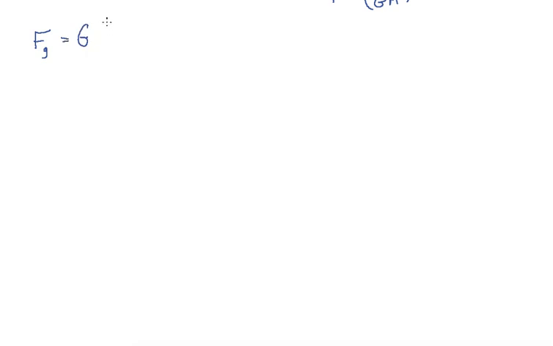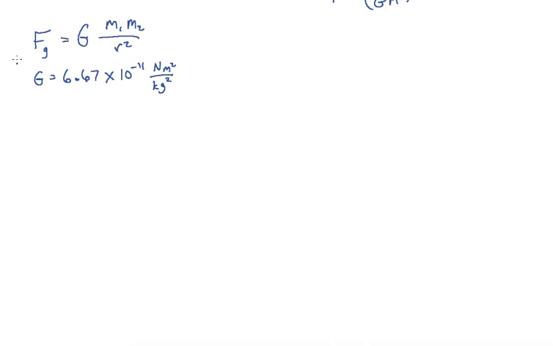Capital G, mass 1, mass 2 over the distance between their centers squared. G is the gravitational constant. It's our constant of proportionality, 6.67 times 10 to the negative 11 newton meters squared per kilogram squared.